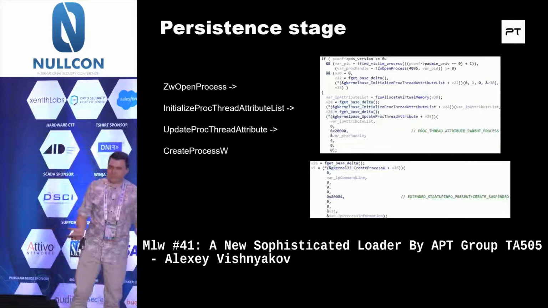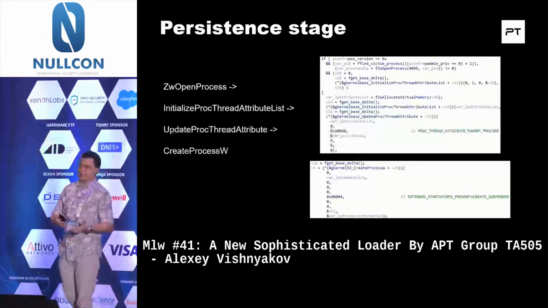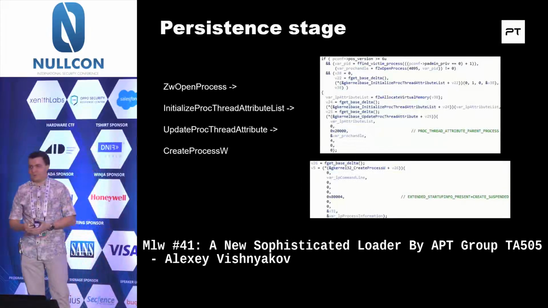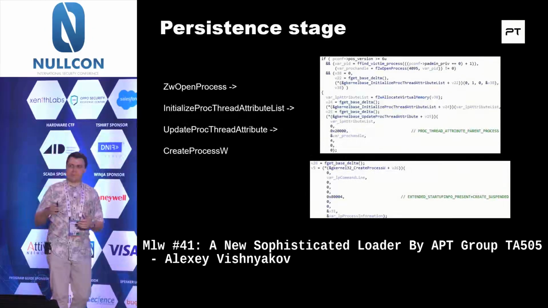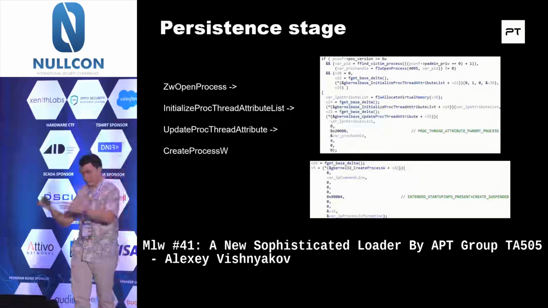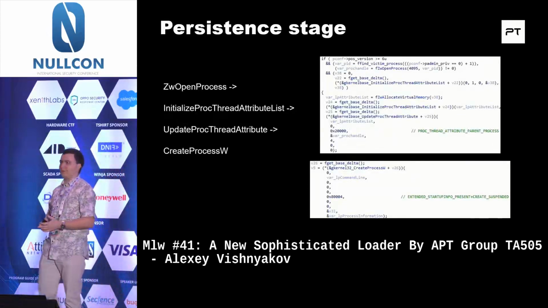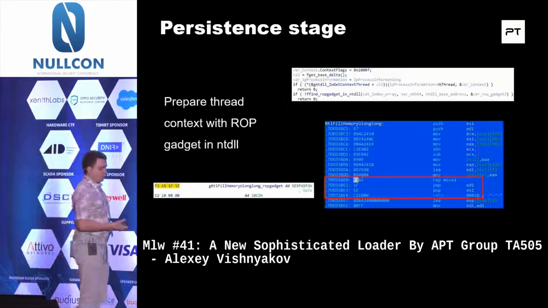What's the purpose of this intermediate step? Let's see the full picture. At some moment, the malware will find a victim process and begin a kind of process injection. It will open the process, prepare the thread structure, suspend the process, and in this moment, the magic happens.